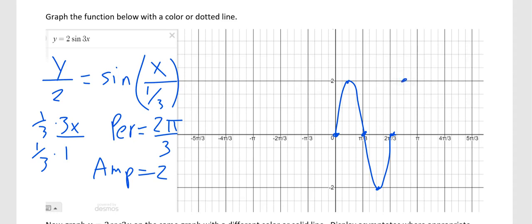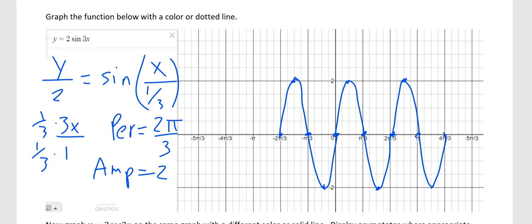Just for fun, we'll do another one over here, and we'll do one more the other direction.